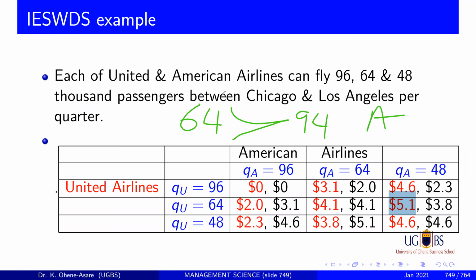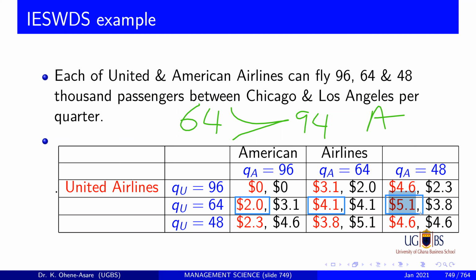Now it is strict because every one of the numbers in 64, when you look at them carefully, all of them are bigger than the ones above them, up to the last one, which is 5.